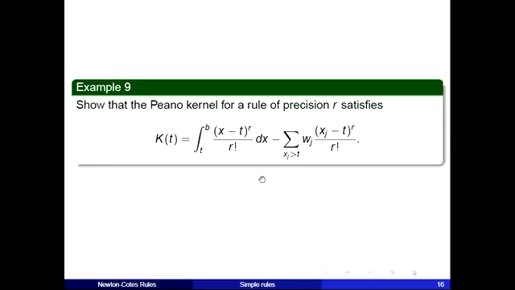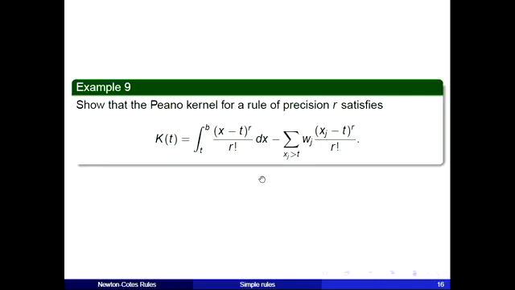This is the quadrature point x1, and this is the weight. Nothing satisfies this, just like for any rule where t is larger than the quadrature points. It depends on how you define the quadrature, so different quadratures give different cases.